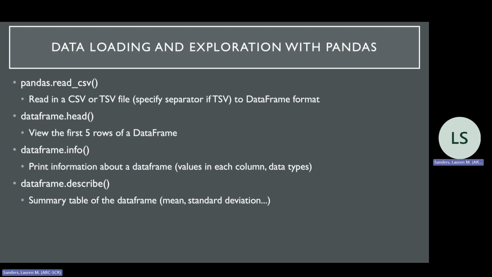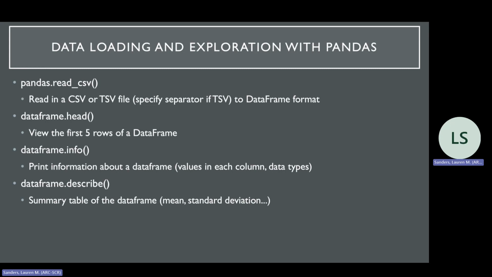So in the notebook that accompanies this lecture, we're going to learn a few different ways to load data and explore it using Pandas. A little bit of a preview here. Pandas provides a function called read CSV, which can easily read in a CSV or a TSV file with one line of code. You'll have to specify that the data is tab separated if it's a TSV.